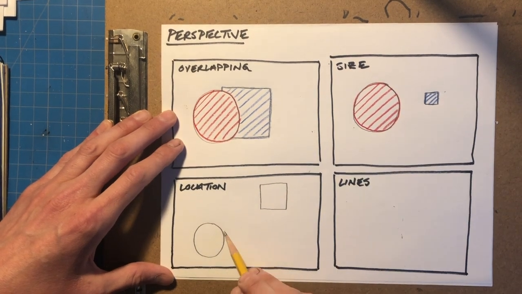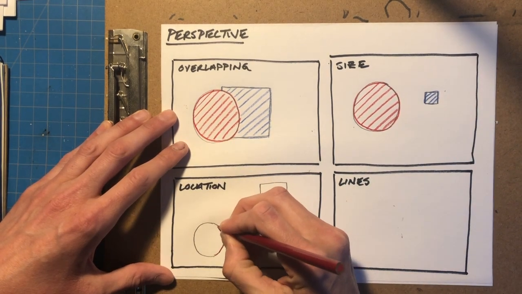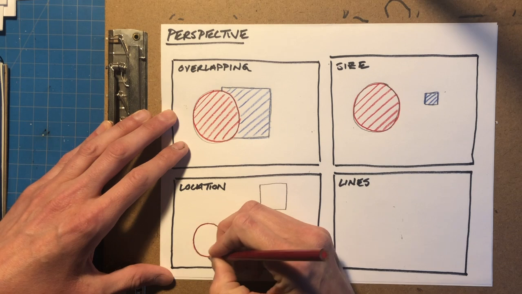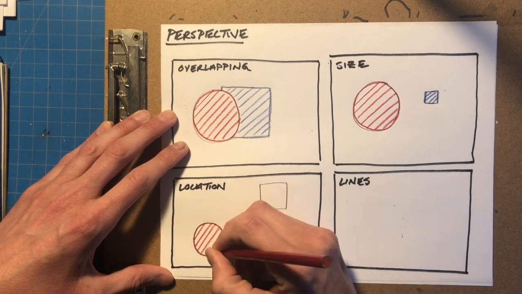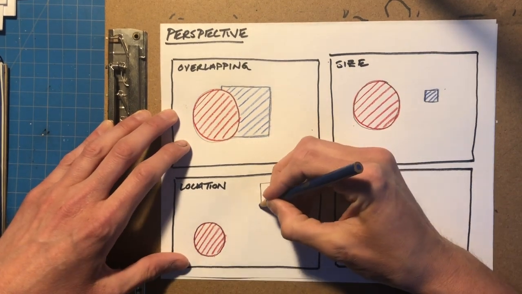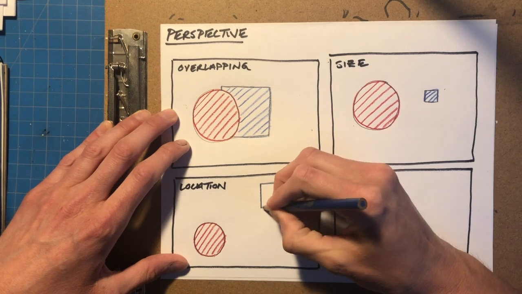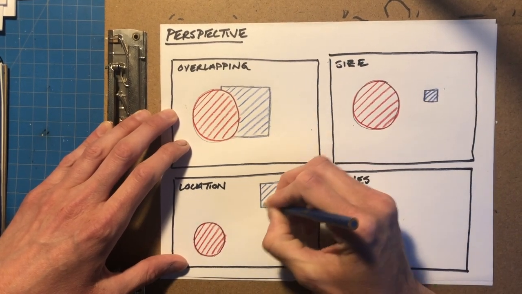And so this is a way that artists through history have also communicated depth by placing one object a little bit higher within the picture, which helps people understand that that object is supposed to be slightly further away than the object lower in the picture plane.